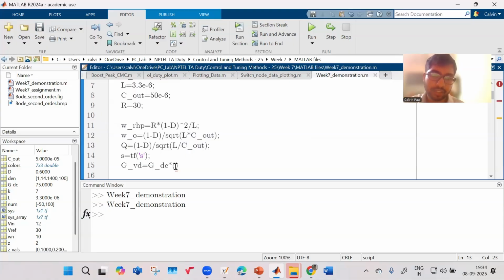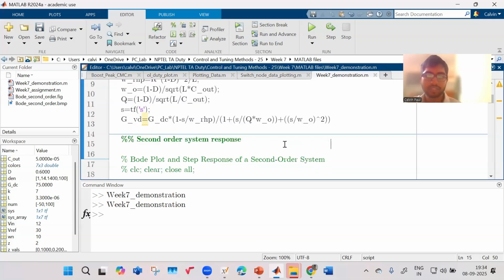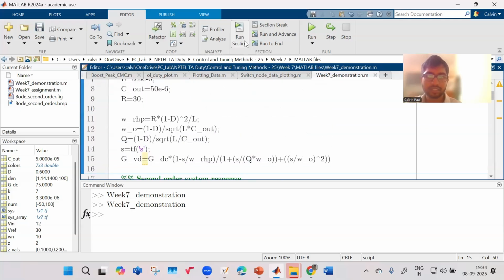GVD is equal to tf of s into 1 minus s upon omega RHP, divided by 1 plus s by Q into omega naught plus s upon omega naught raised to 2. It is a transfer function. Let us run this section.